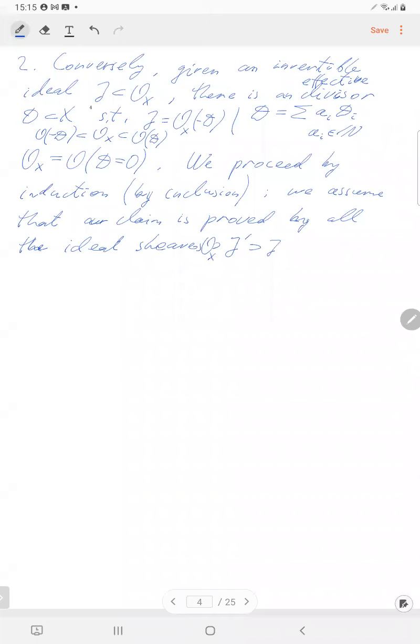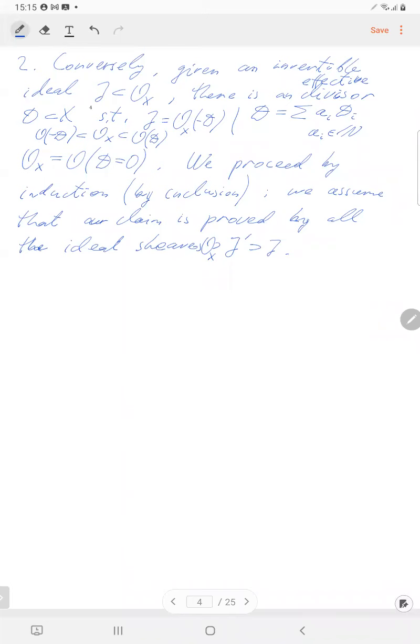Okay, so we know it for the structure sheaf itself. We want to prove it for J, but we can assume that it's known for all the bigger J prime. Okay, and we must find some candidate. What is the base of the induction? OX. We know it for OX. This is the base of our induction. The structure sheaf itself.